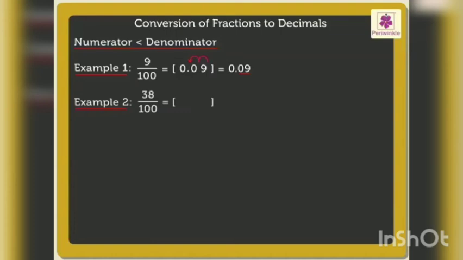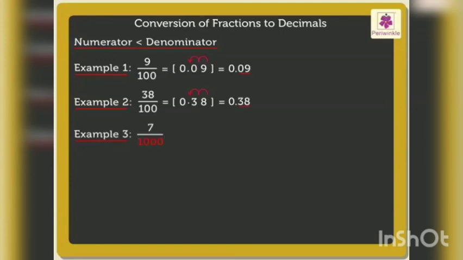Convert 38 upon 100 as a decimal. Here, before the number 38, we add one zero in order to get the same number of digits in the numerator as in the denominator. Now, count two places from the right towards left to place the decimal point as there are two zeros in the denominator. Thus, we get the answer as 0.38. For the last example, convert 7 upon 1000 as a decimal.